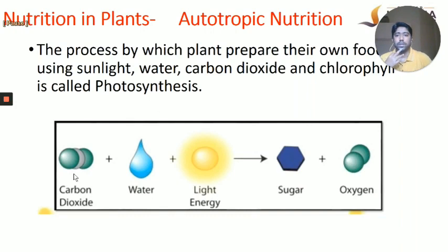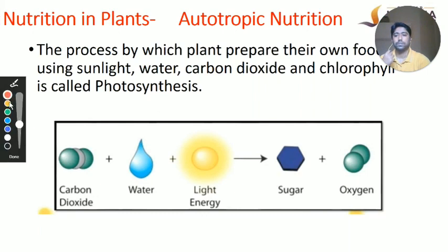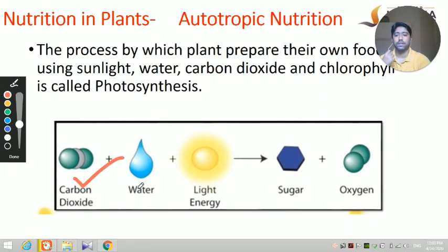So, nutrition in plants. Autotrophic nutrition, the process by which plants prepare their own food. The process by which plants prepare their own food using sunlight, water, carbon dioxide and chlorophyll is called photosynthesis. You can see the elements are given here: carbon dioxide, water, light energy.